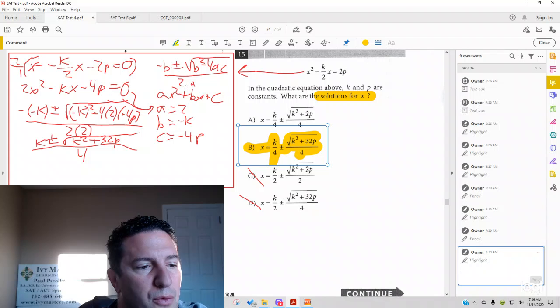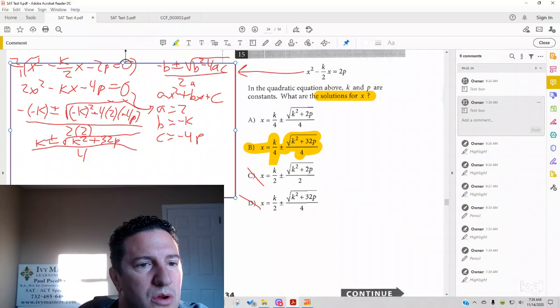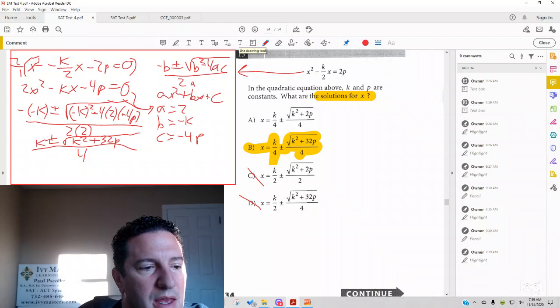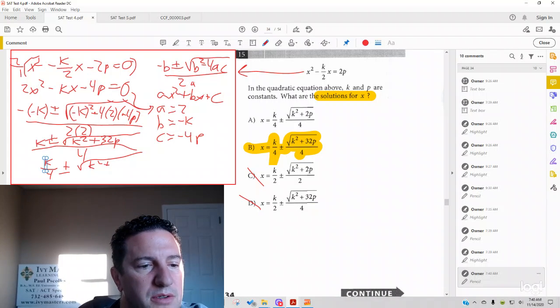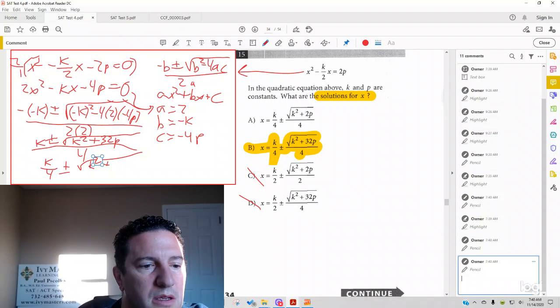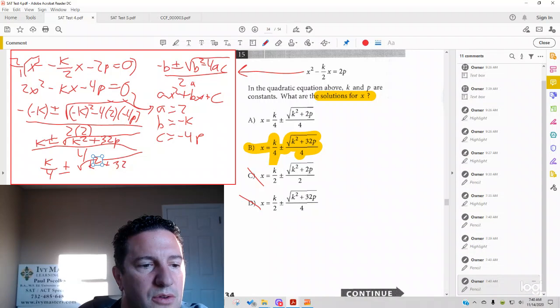This whole thing over 4 is the same as k over 4 plus or minus, and then just splitting it, k squared plus 32p over 4.